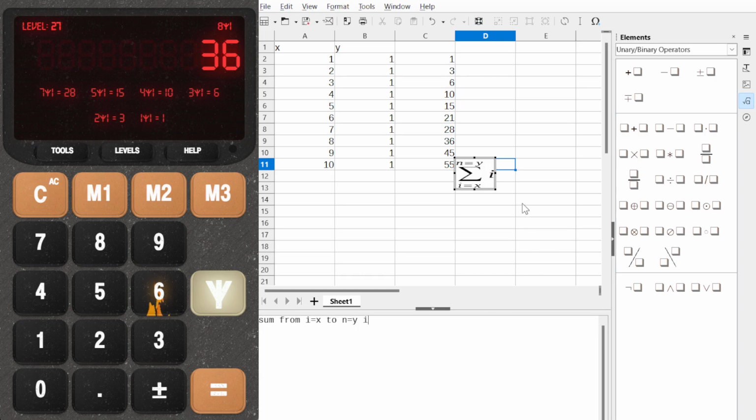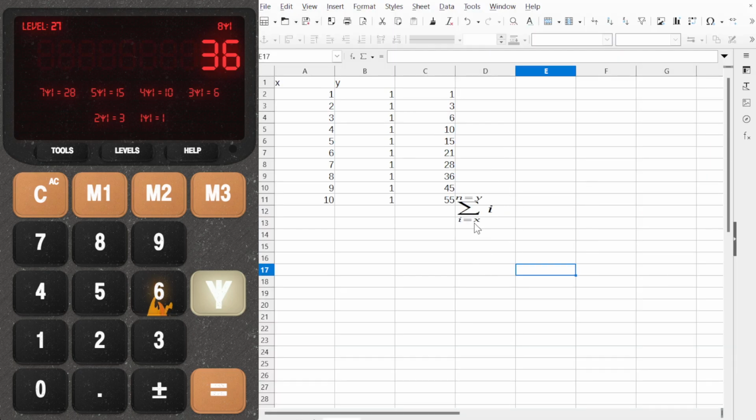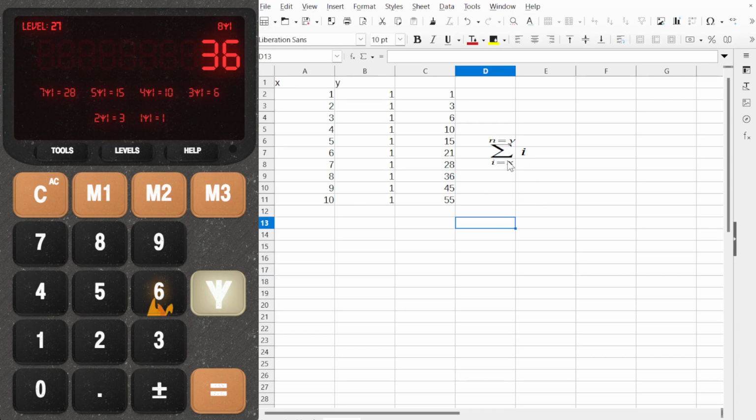So what does that mean? This means we sum up every single positive whole number that is between this number and this number. At least this is the first look that this is giving us.